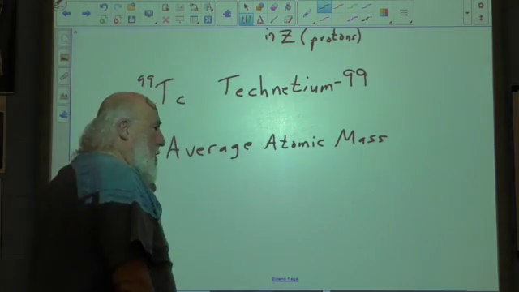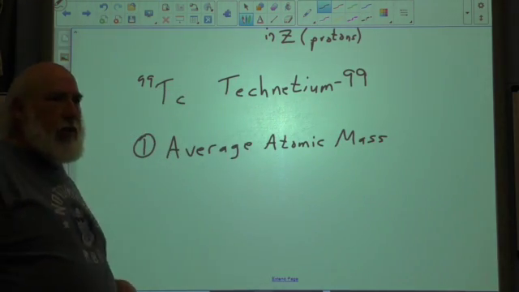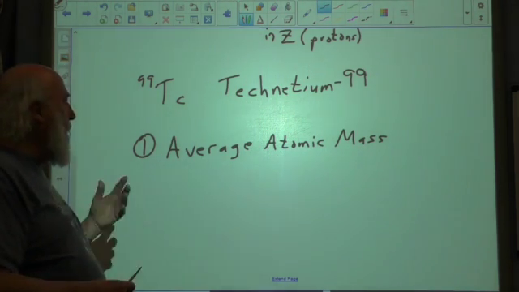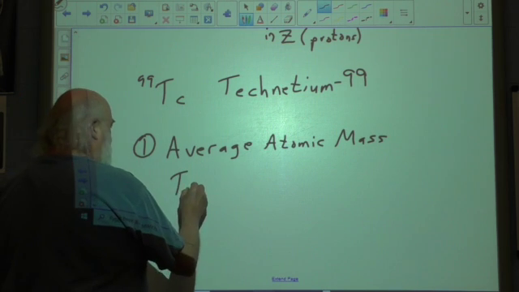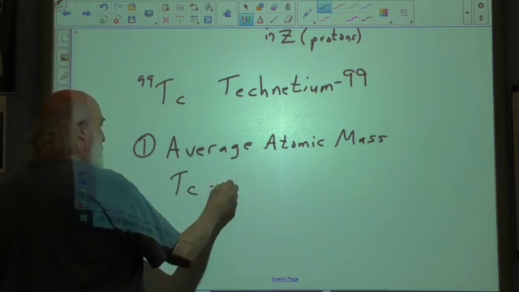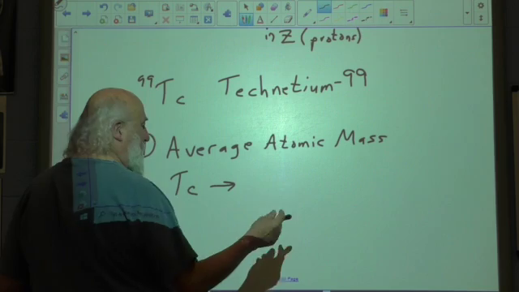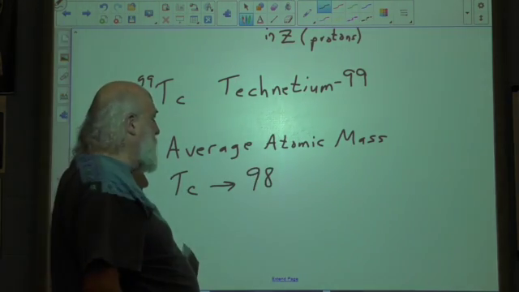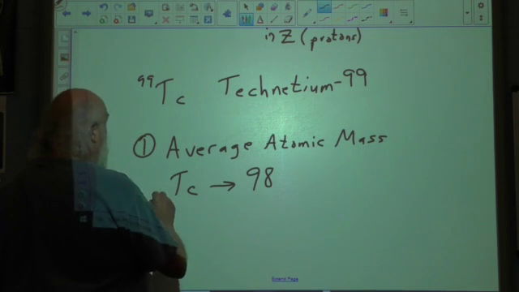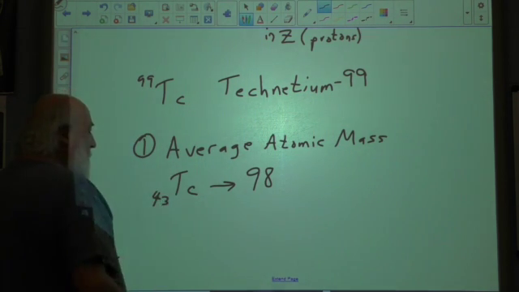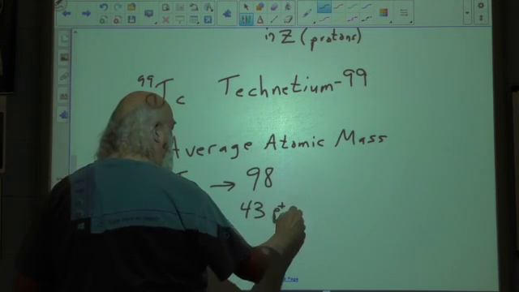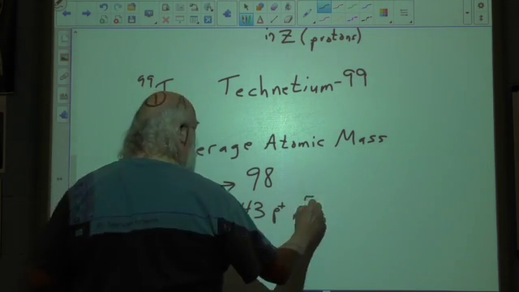Now, you need to get your old periodic charts for Chem 2 or look at one online or something and find the average atomic mass of technetium. It turns out the average atomic mass of technetium, rounded off to the nearest whole number, is 98. And since this is element number 43, that means then that you have 43 protons and you have 55 neutrons.